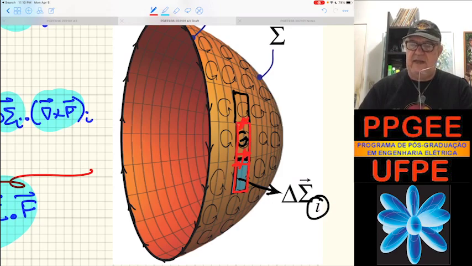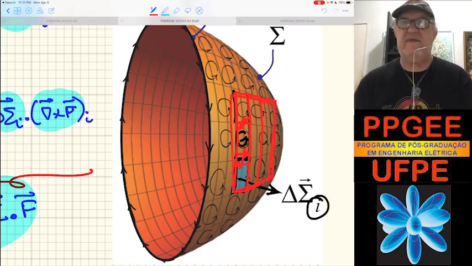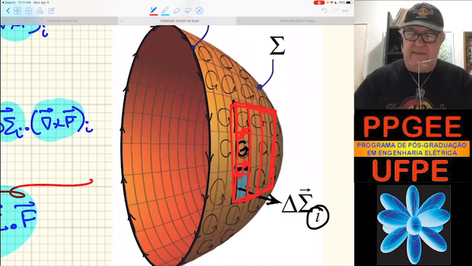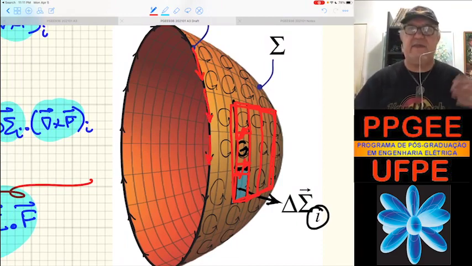I cancel this one, and I'm going to have a contribution through the outer path. And we go along, we keep spreading this thing, and we keep doing the integral on the outer border of these areas. So the last border is the border on the ring.